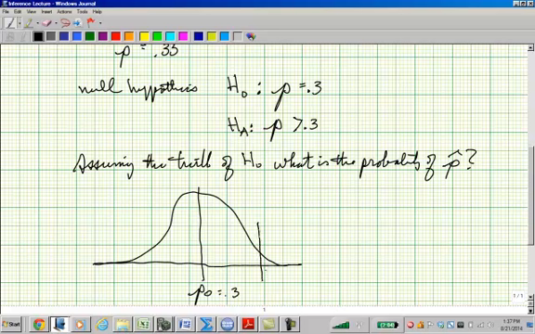There'll be something you want to do later on in the course. Now, here's p hat at 0.35. Now, obviously, p hat is 0.05 bigger than 0.3. The question is, is the difference significant?